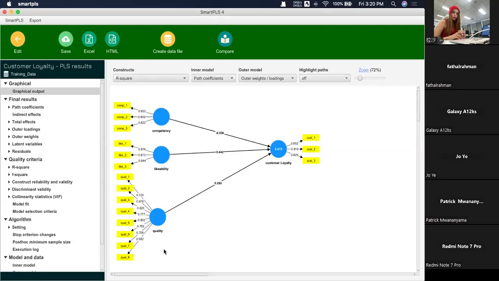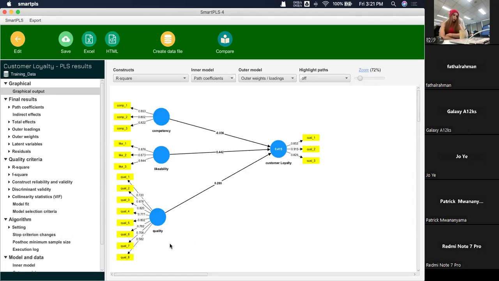You can see that the condition is that every one of these indicators should have at least 0.7 factor loading. But you can see that on the quality construct, the second one, QUAL2, has a factor loading of 0.678. And then the last one has a factor loading of what? 0.582. It means both of them are lower than the threshold value of 0.7.